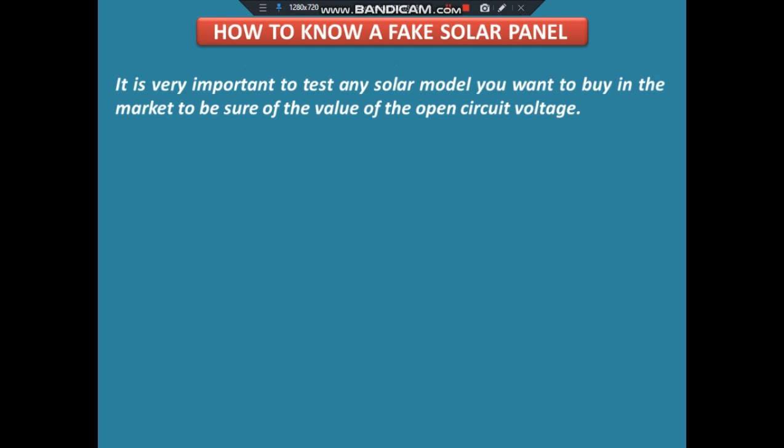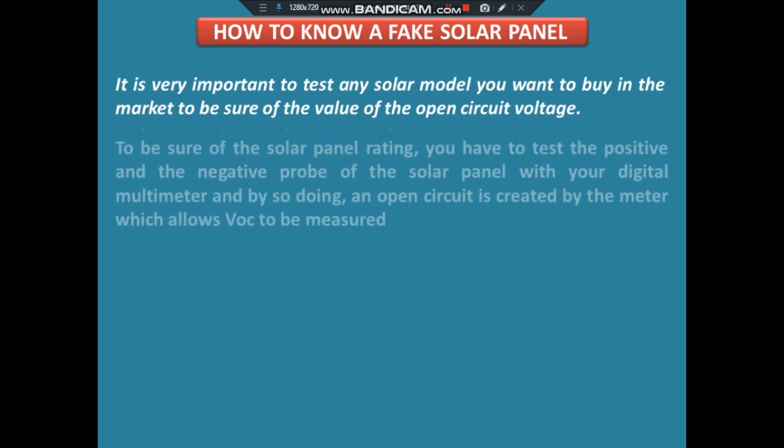When we test with the positive probe and the negative probe of our multimeter, we'll certainly get our open circuit voltage. And we look at the voltage rating on the nameplate, and if it corresponds or is close to the value, we know that this is the original solar panel that we are about to buy.